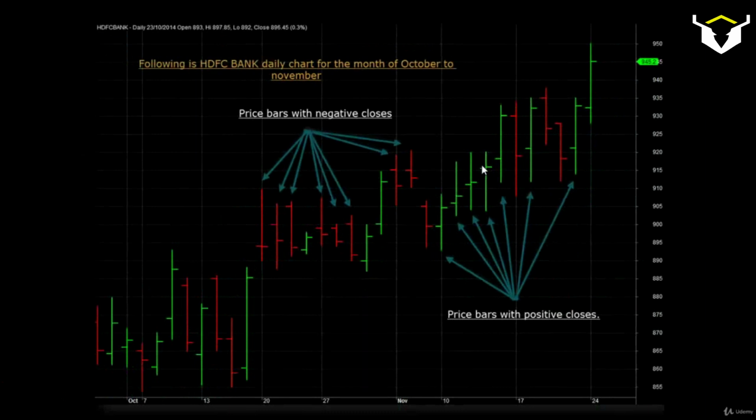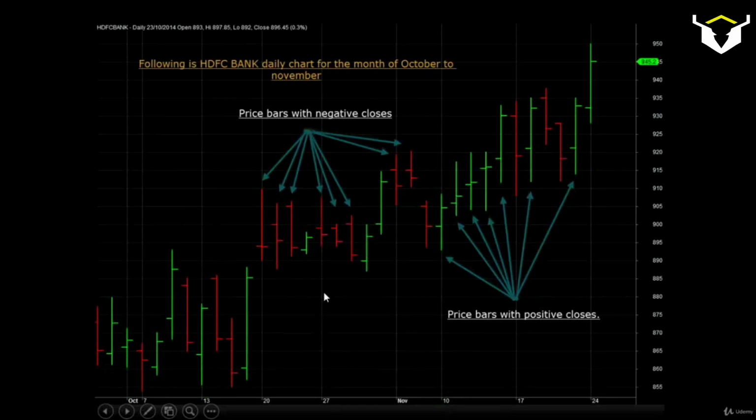Let's go ahead and take a look at an actual chart. This is how a chart looks. If you're not already familiar with charts, these are the price bars. Each and every single price bar represents a single trading day. For example, this green colored price bar represents 13th of October. Similarly, this green colored bar represents 10th of November.